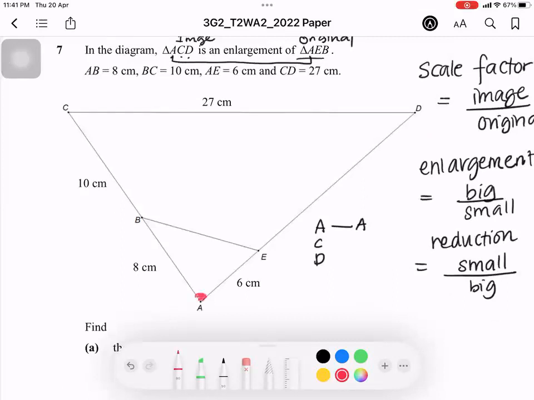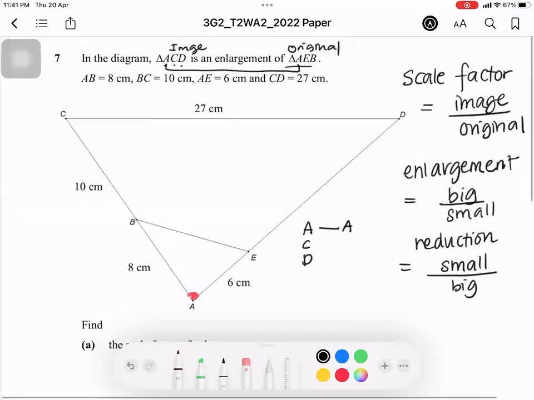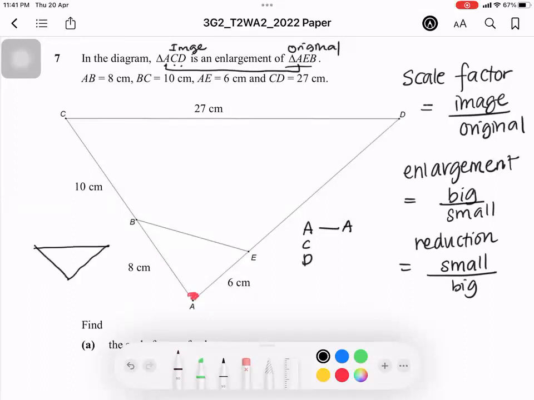Okay, in this case, since I have such a big triangle and the picture looks a little bit different in a different orientation, I should draw it out something like that so that I can match A with A. Then the next one, C with C. Oh, let me change my color.